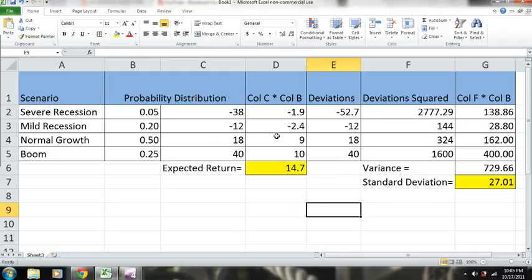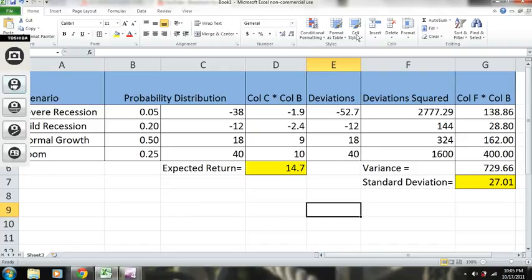Okay, so we have our expected return and we have our standard deviation. Now that we have these numbers, we can use this as a component in a diversified portfolio. Through diversification, we can go ahead and diversify away the business specific risk that is associated with this investment.